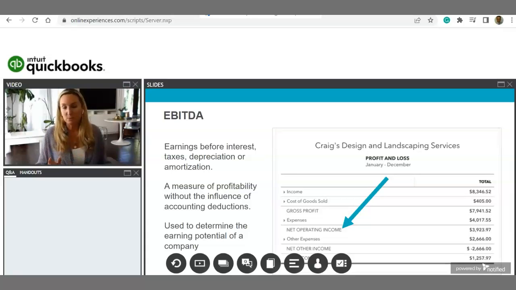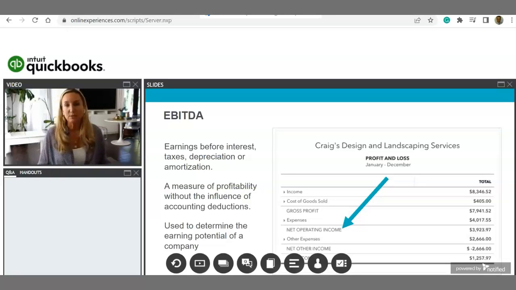And some people, for whatever reason, can't do that, and their interest expense, tax, depreciation, amortization may be up in the regular expenses area, in which case you can just run a P&L and then back those numbers out. But anyway, look and listen for EBITDA, know how to calculate that, and it stands for earnings before interest, tax, depreciation, amortization.